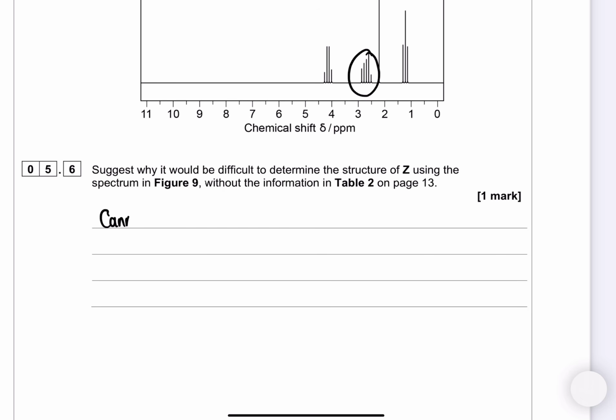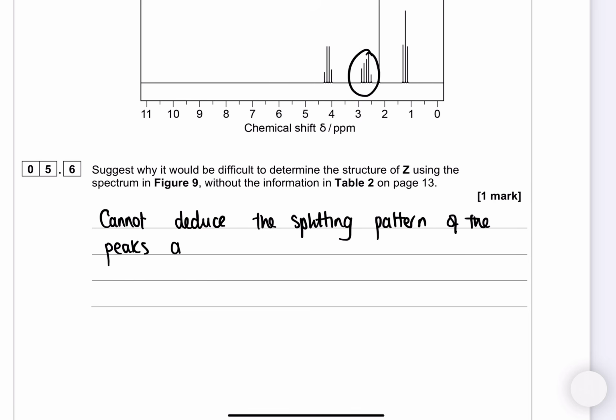So we cannot deduce the splitting pattern of the peaks around 2.5 to 3 parts per million.